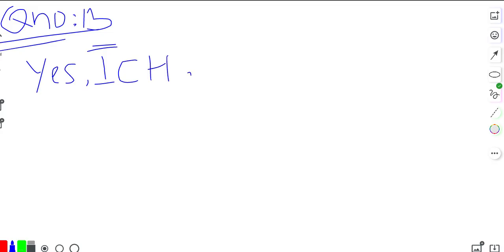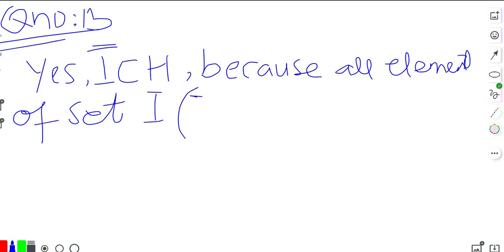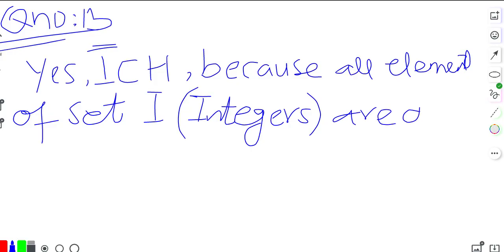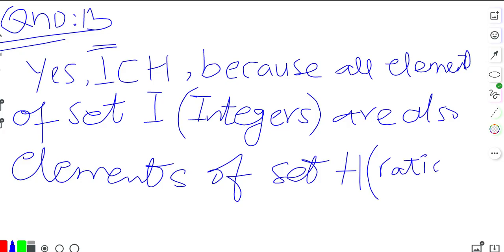I is a subset of H because all elements of set I, that means all the integers, are also elements of set H. Set H contains rational numbers.